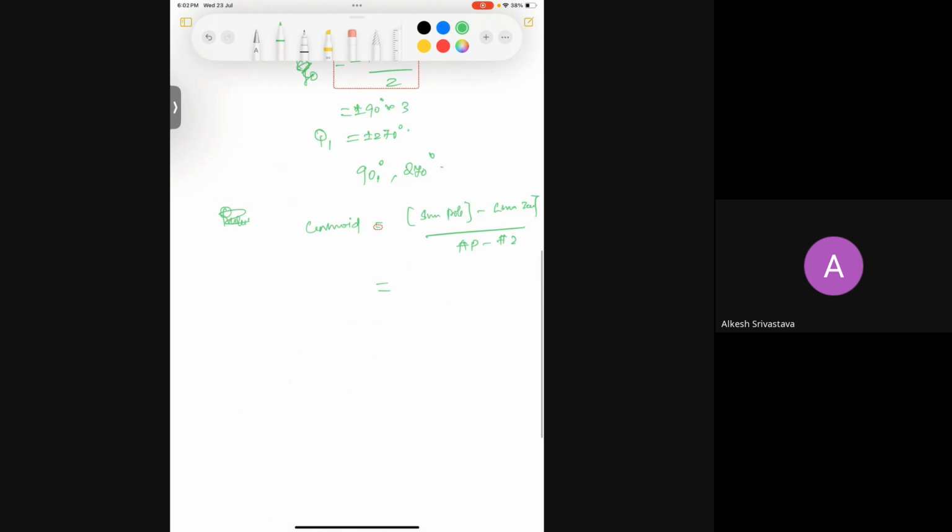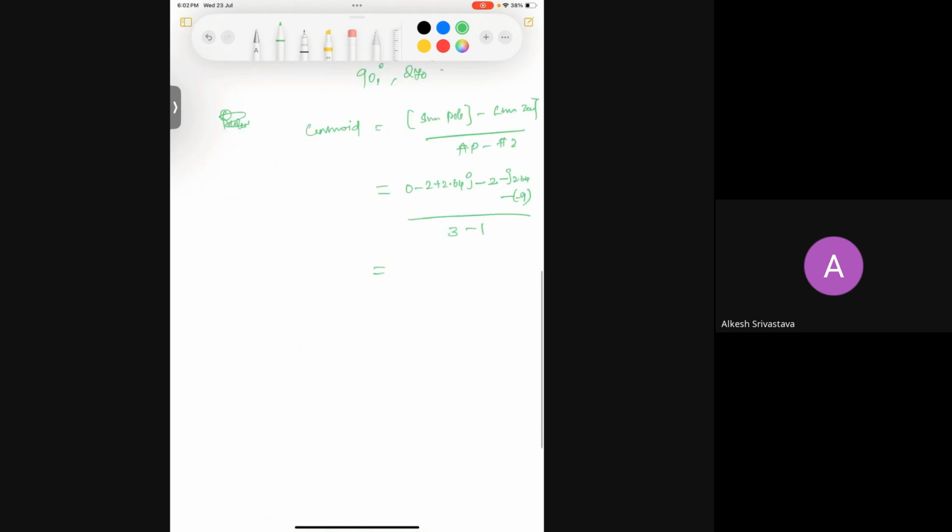So the sum of poles will give you 0 minus 2.2 plus j2.64 minus 2.2 minus j2.64, minus of minus 9, divided by 3 minus 1, that is 2. The imaginary terms will get cancelled, minus 4 by 2, minus 2. Oh okay, this 9 I didn't consider.